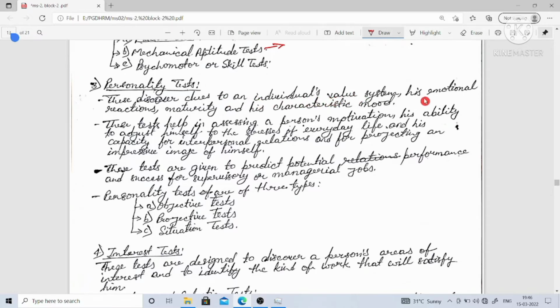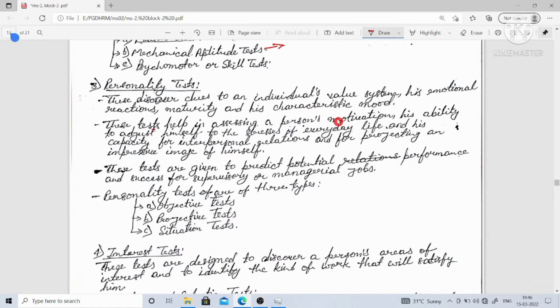These tests help in assessing a person's motivation, his ability to adjust himself to the stresses of everyday life, and his capacity for interpersonal relations and for projecting an impressive image of himself. So whether the person is motivated in the job or not can be assessed by this personality test.